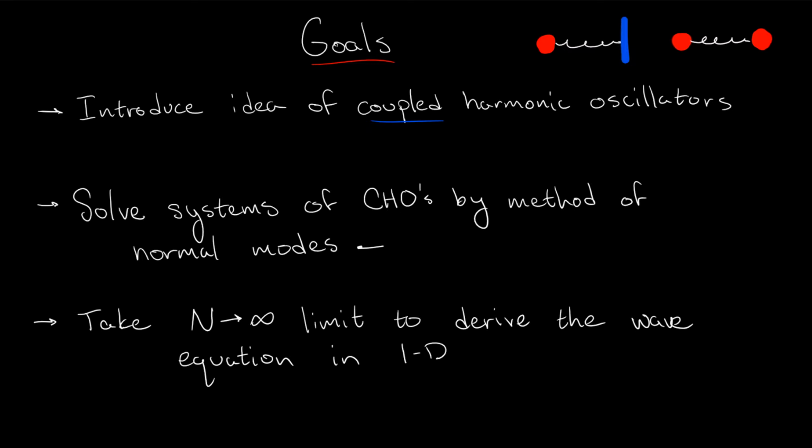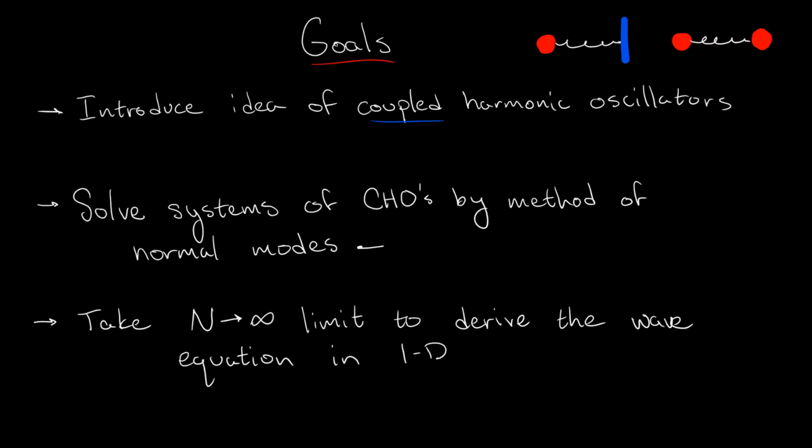And so the great thing about this, as we'll see, is that it's actually pretty straightforward. The whole idea of this normal mode decomposition is relatively straightforward, and as I sort of mentioned here, when we start adding more and more and more of these oscillators, we eventually end up at the wave equation.